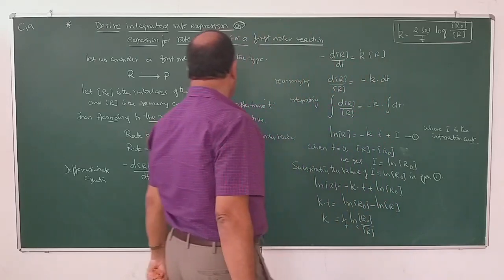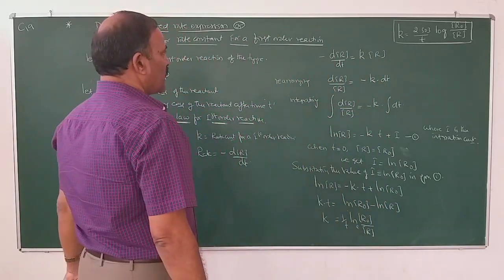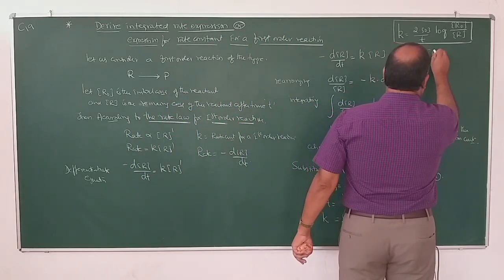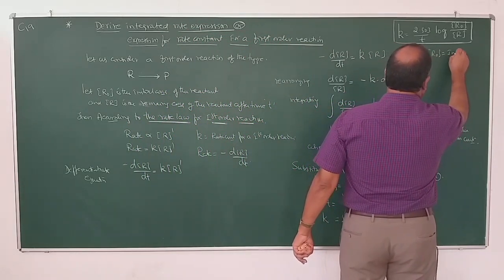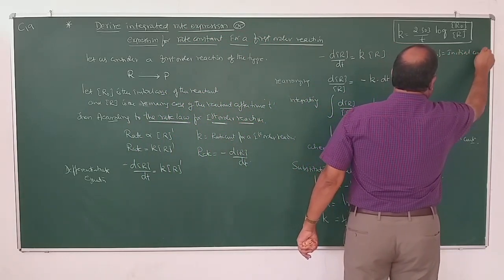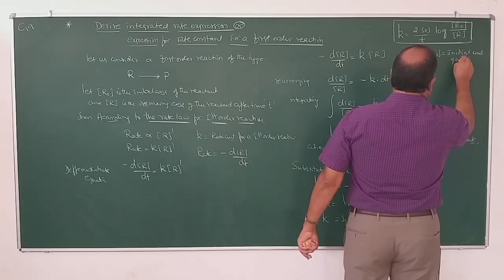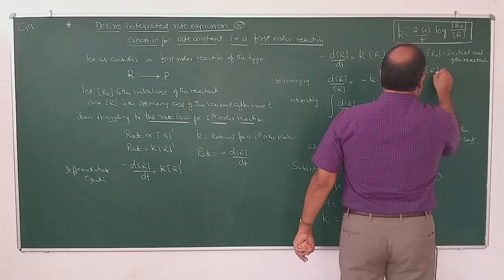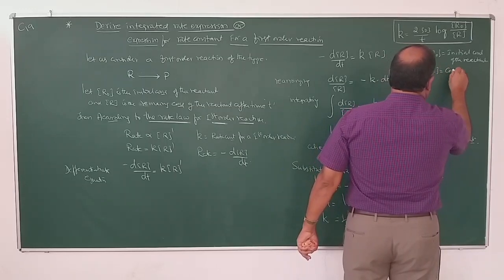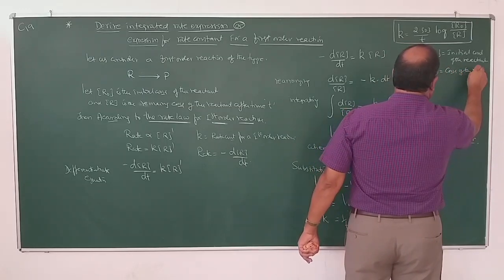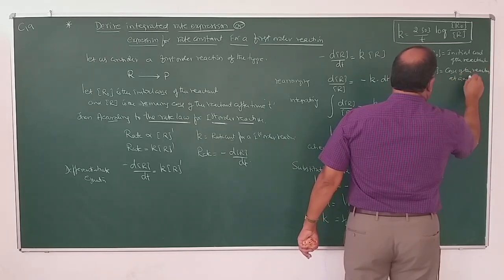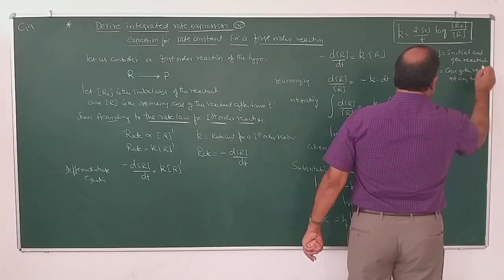So this is how we can derive the integrated rate equation. Here [R]0 in square bracket equals the initial concentration of the reactant, and [R] in square bracket equals the concentration of the reactant at any time t.